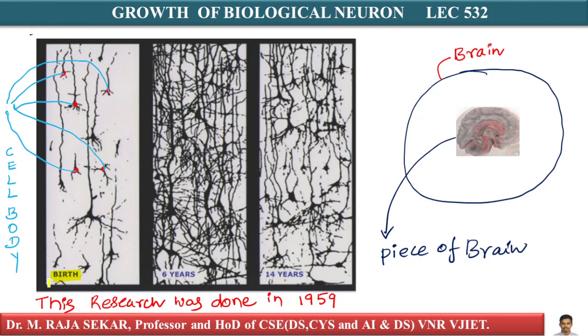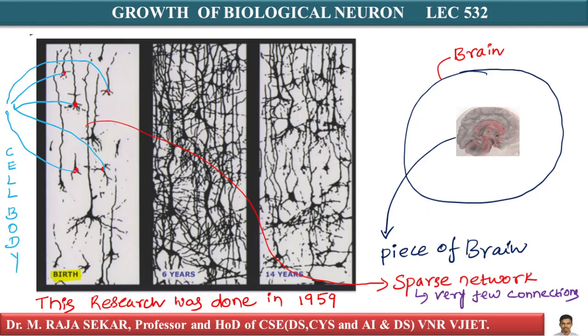If you look at it, the network is not fully formed. The network is very sparse. When I say the network is sparse, what I mean is there are very few connections from one neuron to another neuron.